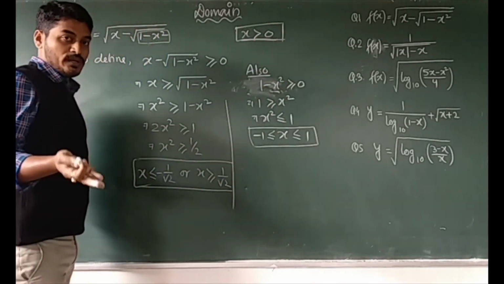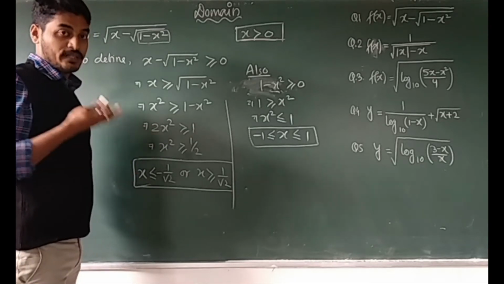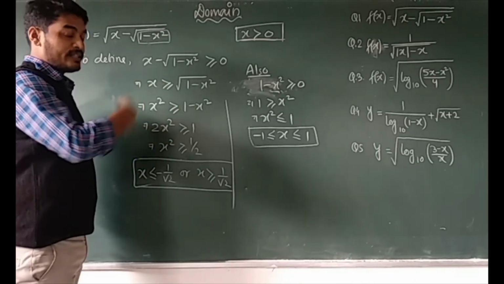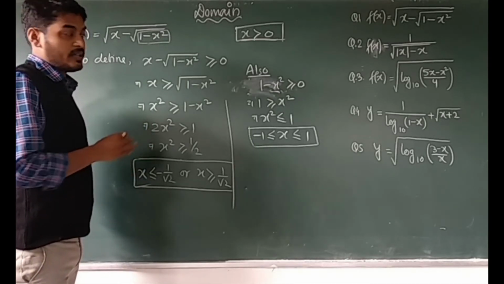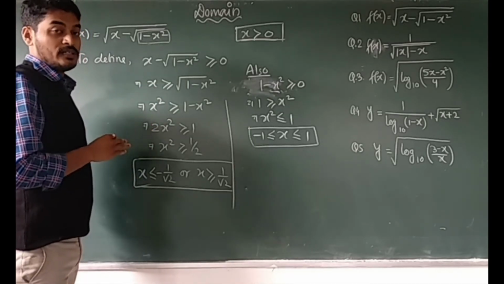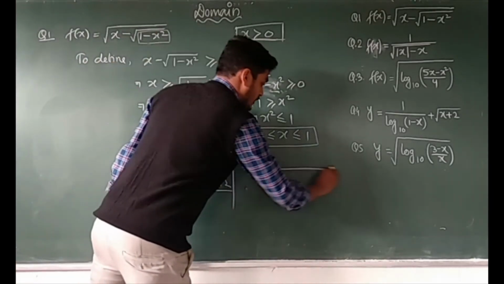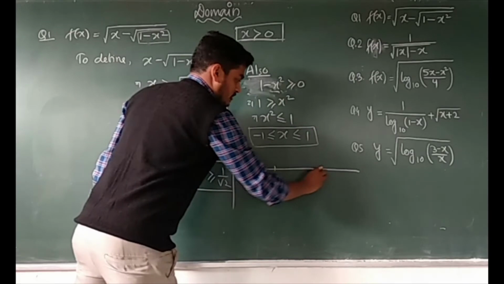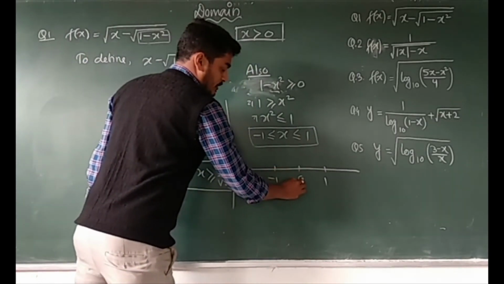It is known to us that whenever we have more than one condition to find the domain or range, whatever it may be, we will try to find their intersection. Then we can easily identify which one will be the answer. First of all, minus 1 and 1 are there, and 0 is in between them.